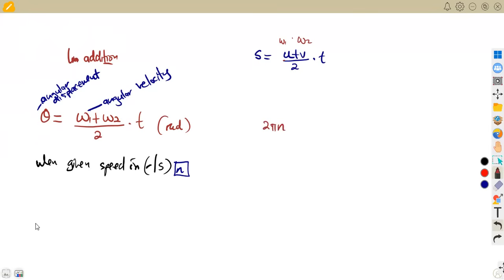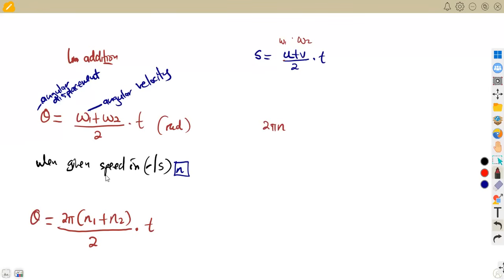So our theta can be given as 2 pi (n1 plus n2), remember you factor out the 2 pi just like the previous case, over 2, times t. You can cancel the 2 and 2 if you want, but this is the formula that you can now use.